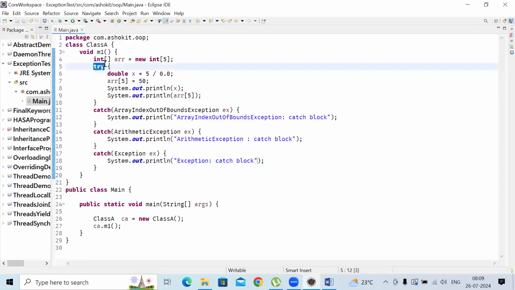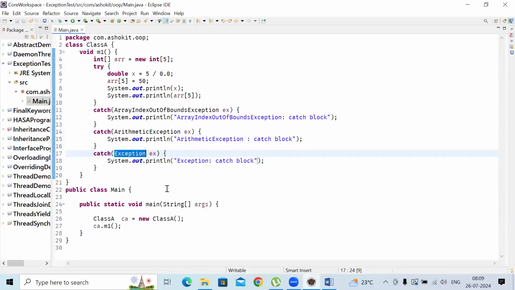One try block is there, but for one try block I have 3 catch blocks. Last catch block has a parameter. What type of parameter does it have? Last catch block has a parameter of type Exception.